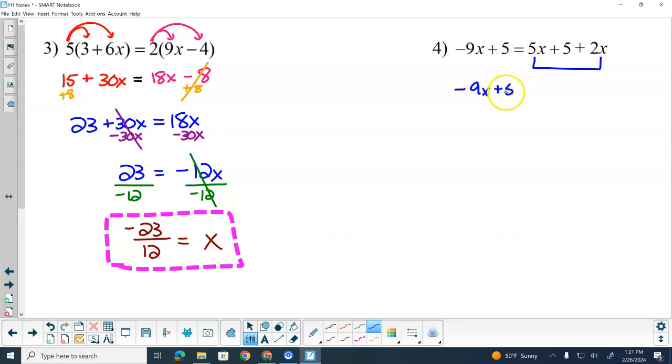Plus that. Because remember we just did that minus like 5x. Save it. Seven x.